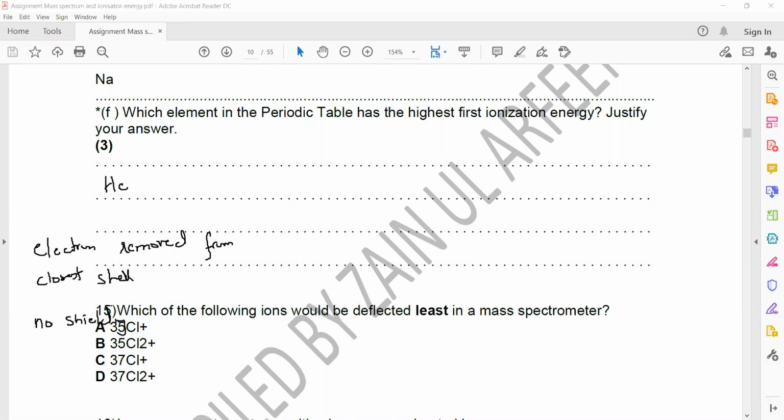Shielding effect refers to when inner shell electrons repel the outer shell electron. So because it does not have any shielding effect, due to this reason, we say that it is having the highest first ionization energy.